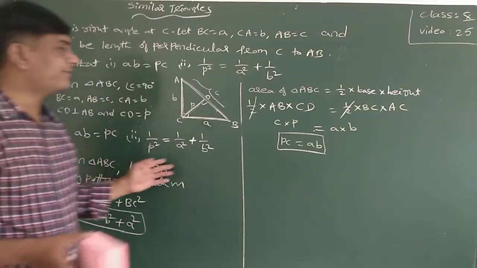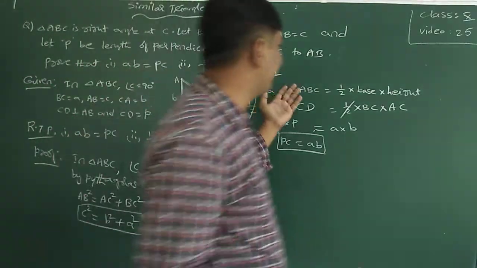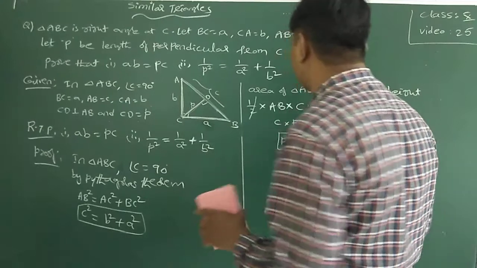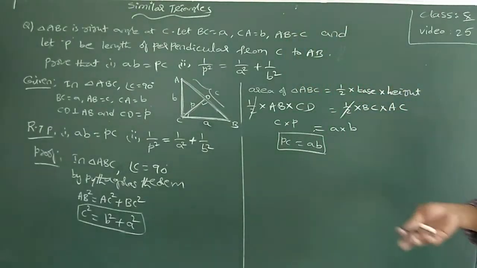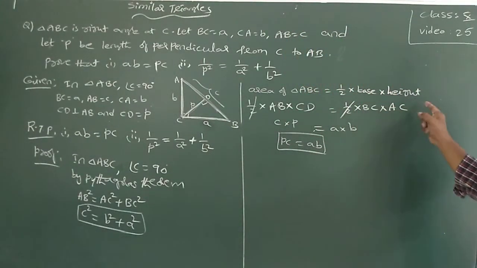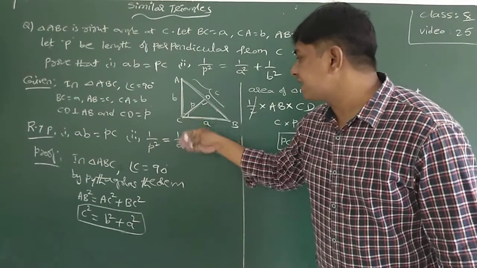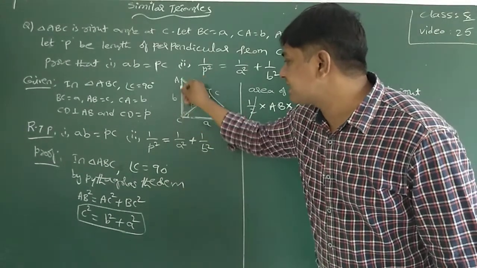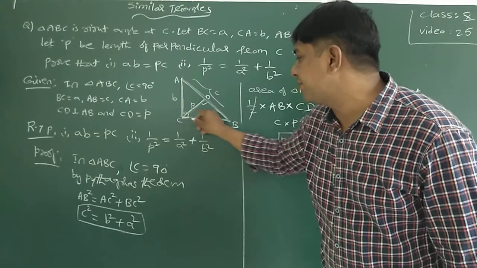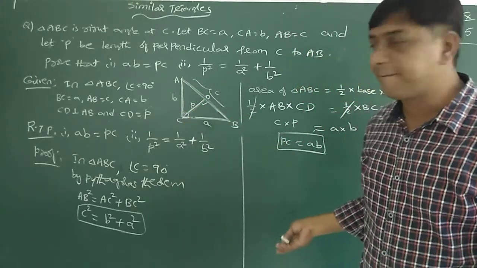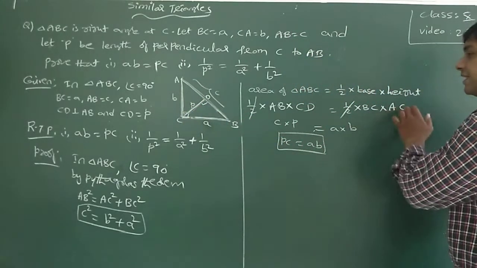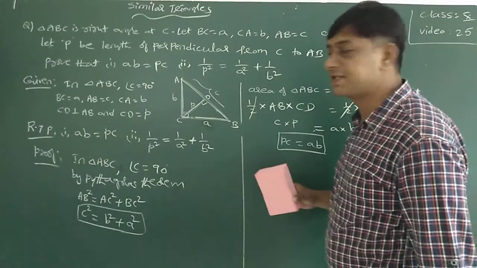Okay. Area of triangle ABC is equal to half into base into height, as per the formula. Since it is a right angle at C, if I consider AC as the altitude, then obviously BC will be the base. So half into BC into AC.